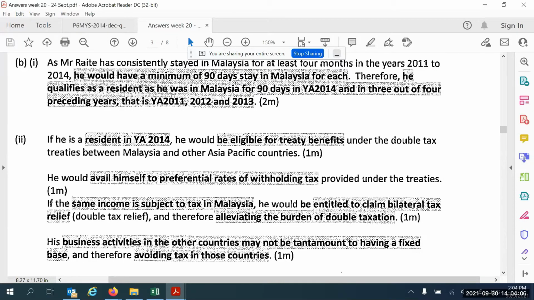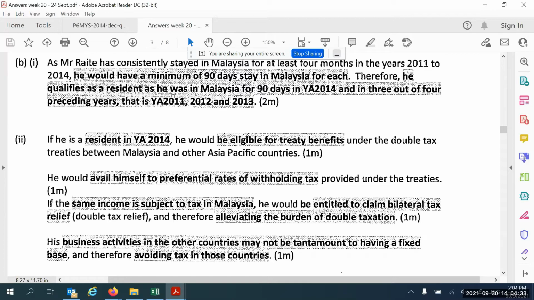So first paragraph is telling you treaty benefits is the relief. What it means is when Malaysia signed with another country, this is like double taxation agreement benefits. Treaty means it's an agreement, right? Treaty is an agreement. So double taxation agreement benefits.